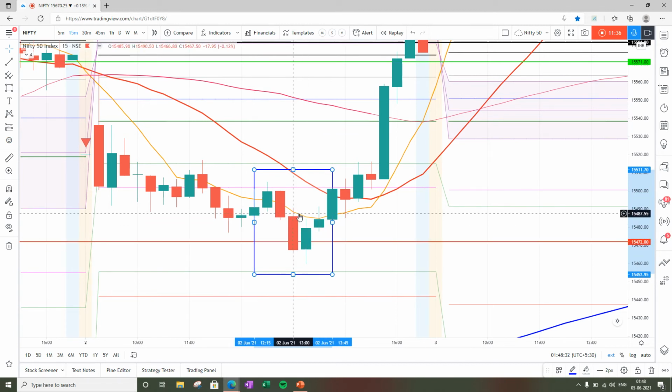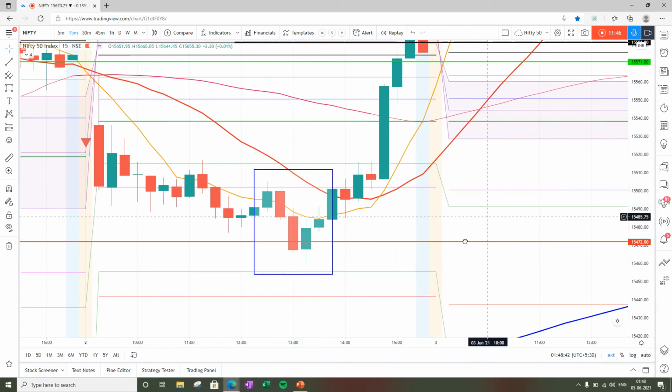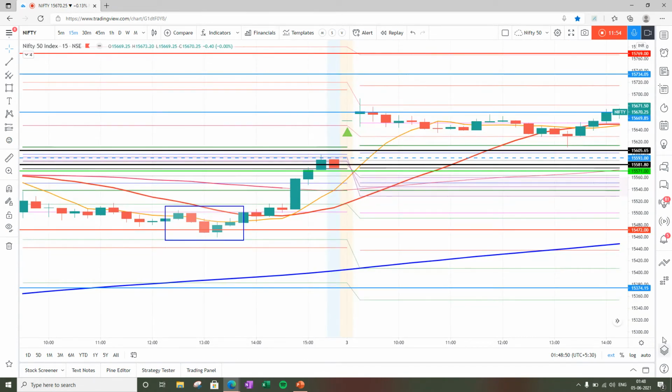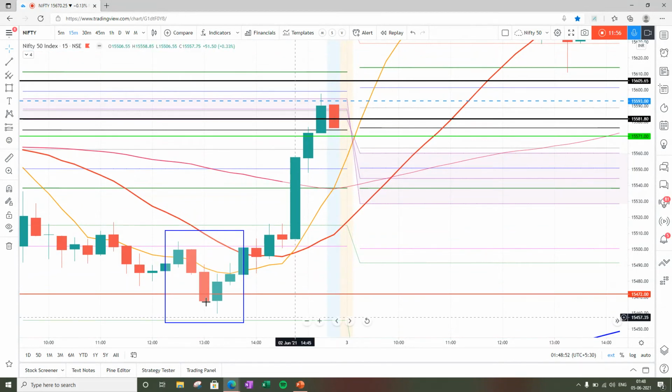The body of the candle is almost 85% of the total length of the candle. The next candle which forms is the bullish candle, and you see the trend has changed. And when this happens at a very critical level, so this is, I think, weekly or monthly L3, you got a perfect reversal here.